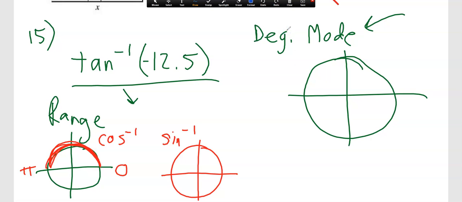Look in your notes, man. Look in your notes. Does it include the endpoints or not? Yes, it does. Oops, sorry, I said yes, and then I ignored what I said. Range of the inverse tangent.